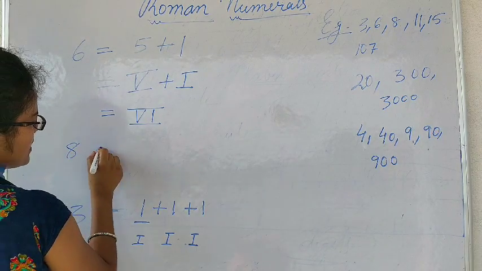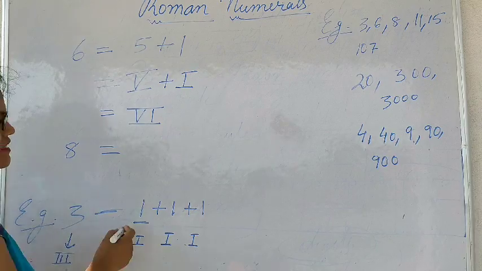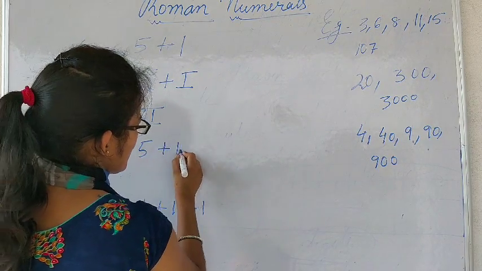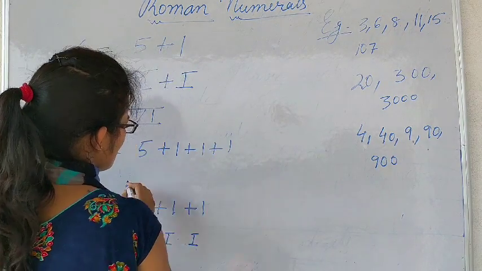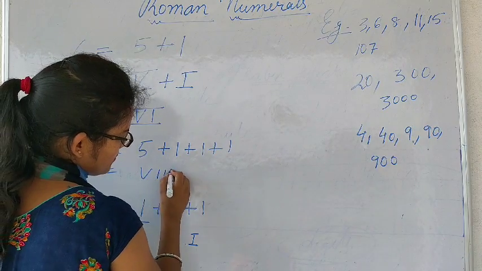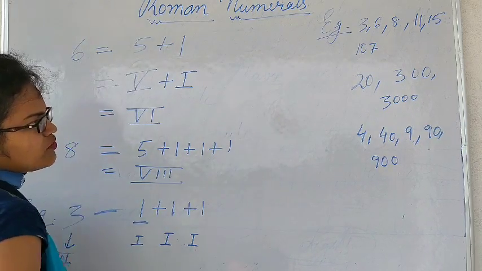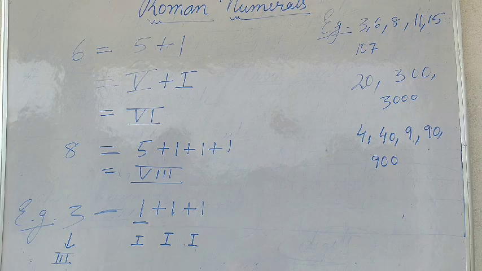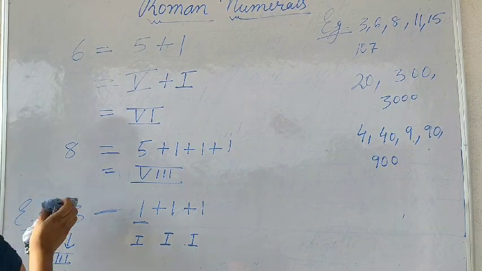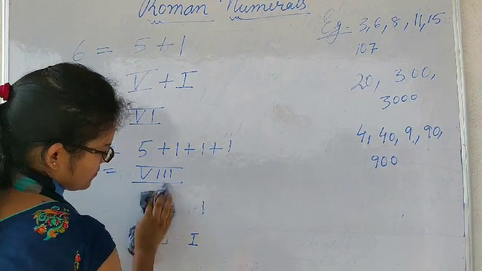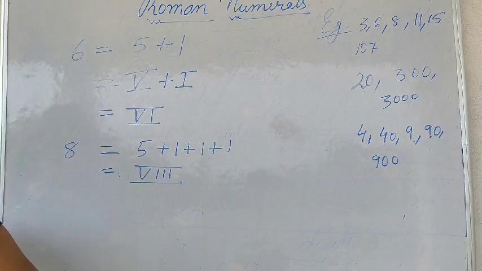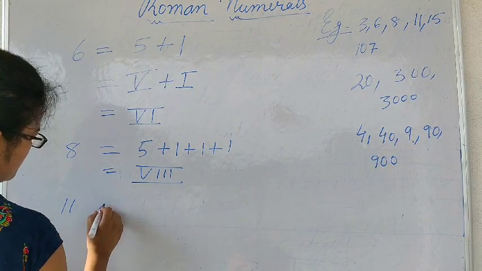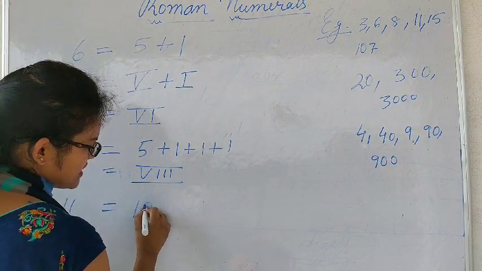Next example is 8. We can write 8 as 5 plus 1 plus 1 plus 1, so this is VIII for 8. Now the next example is 11. So 11 is 10 plus 1.